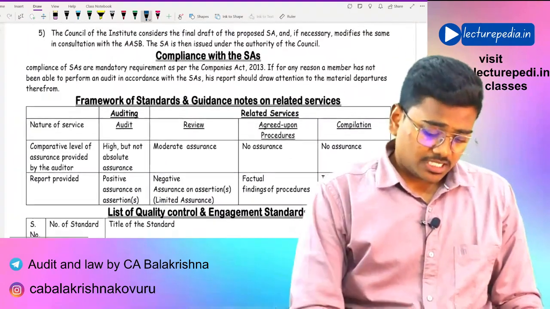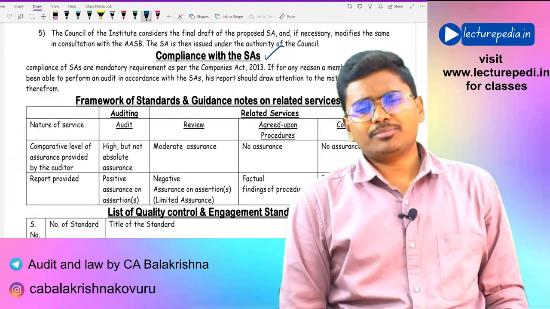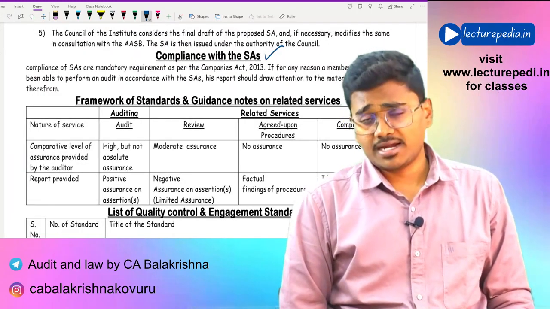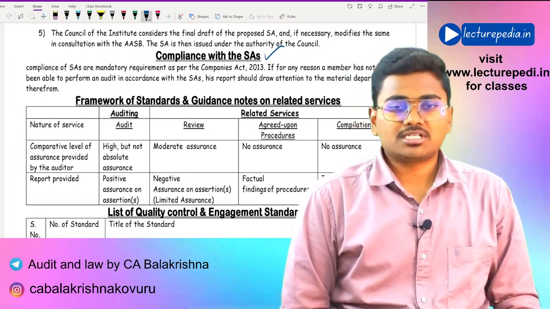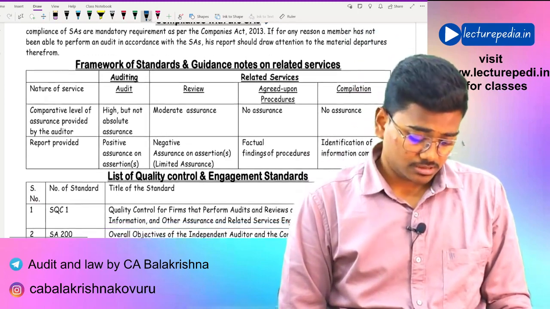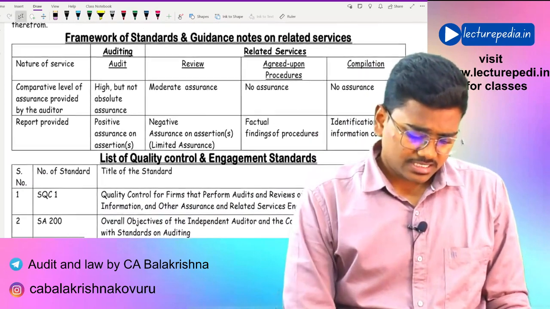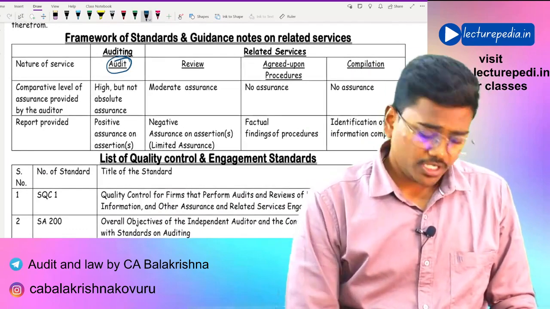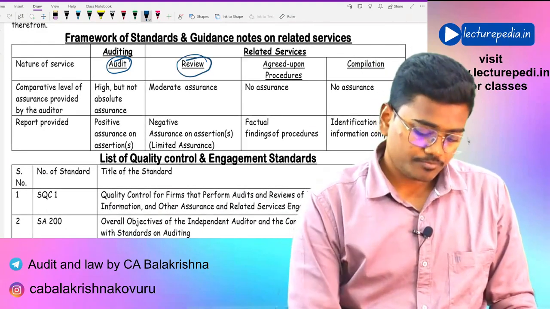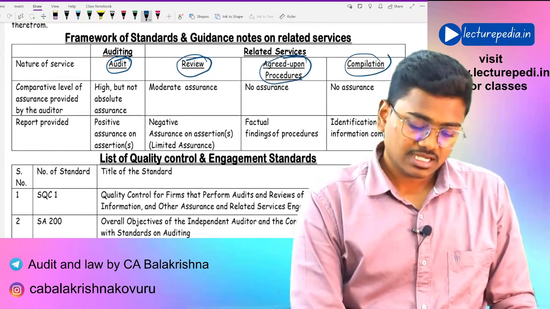Next, compliance with standards on auditing. Whether compliance with standards on auditing is mandatory, the answer is yes, you must comply with standards on auditing. Next, there is a certain comparison that I have given. Let's see: auditing, review, agreed upon procedures, compilation.